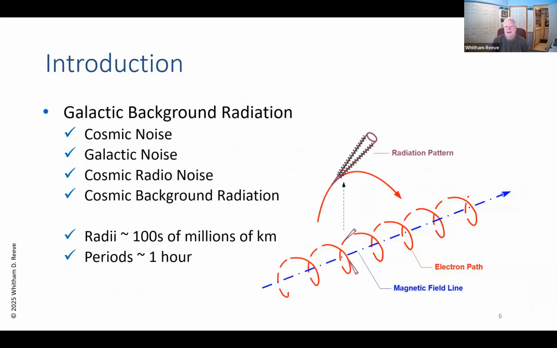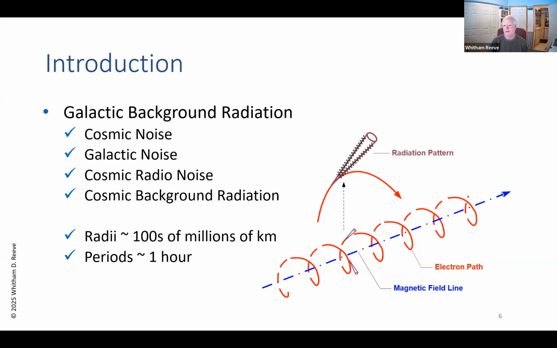So the galactic background radiation: there are lots of names given for this, just like just about anything in any technical field. There are all kinds of names that mean the same thing. Cosmic noise, galactic noise, cosmic radio noise, cosmic background radiation. I'm going to try to call it galactic background radiation.